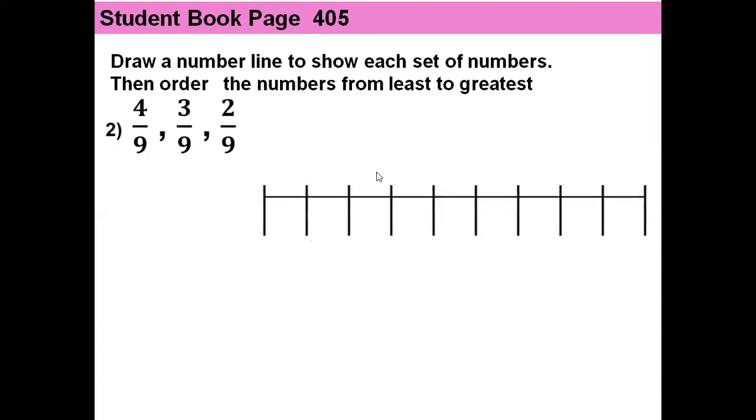And we divide 1, 2, 3, 4, 5. Let's count them. 1, 2, 3, 4, 5, 6, 7, 8, 9. Good job. Okay, now we need to do the ordering. First, we put 3 out of 9. Where? We need to count how many?